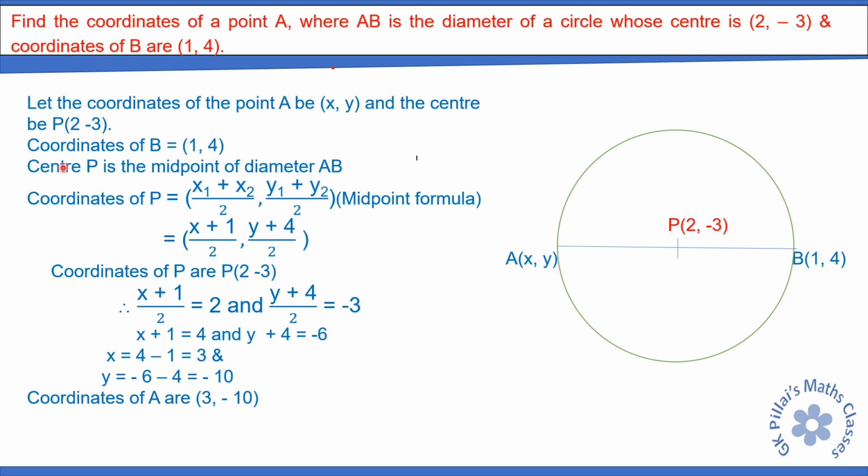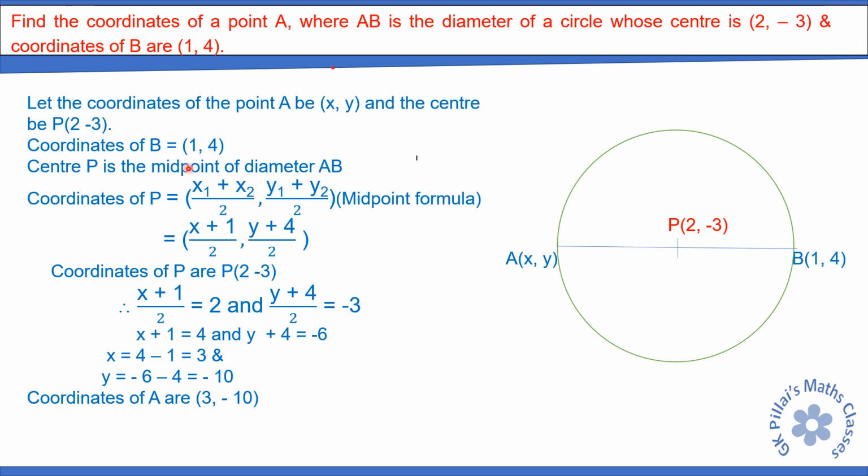This sum, find the coordinates of a point A where AB is the diameter of a circle whose center is 2, minus 3 and the coordinates of B are 1, 4. You can see from here. You should know the center is the midpoint of AB. So we will use the midpoint formula.